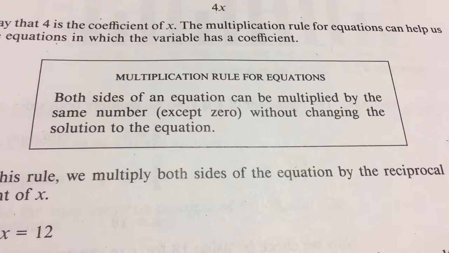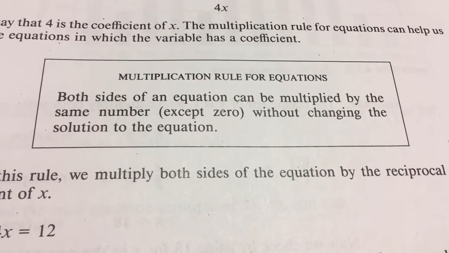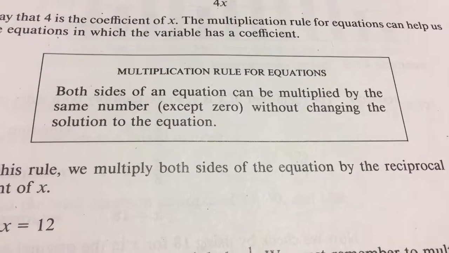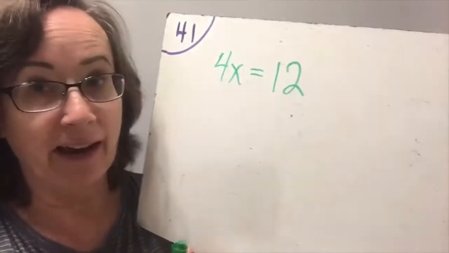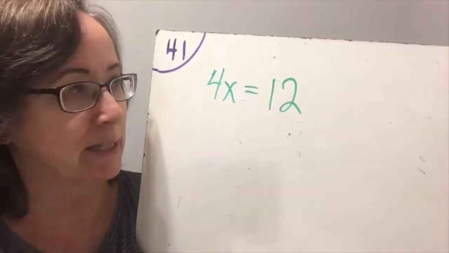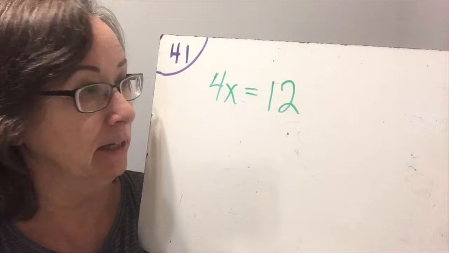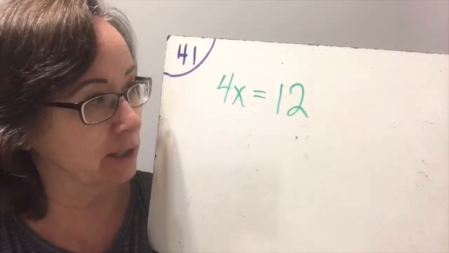Both sides of an equation can be multiplied by the same number except 0 without changing the solution to the equation.